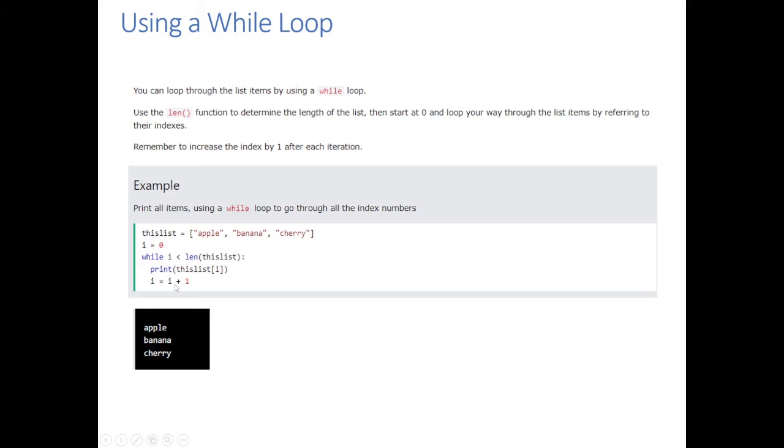Once we increase the value of i by 1, it will loop again. Then i becomes 1, so this list 1, then add 1 to i, it becomes 2. So for 2, it will print cherry, and then it will add 1, that's 3. 3 is no longer less than 3, so it goes out of the loop. That is how we loop using the while.